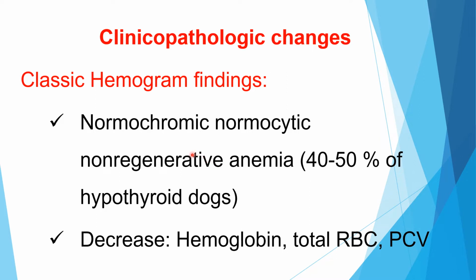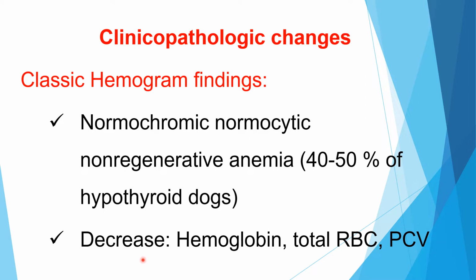The hemoglobin color of the RBCs is normal, the cell shape and size are also normal, but the RBCs are non-regenerative. New RBCs are not generated, and that type of anemia is characteristic of hypothyroidism in dogs, and these characteristics are found in 40 to 50% of hypothyroid dogs.